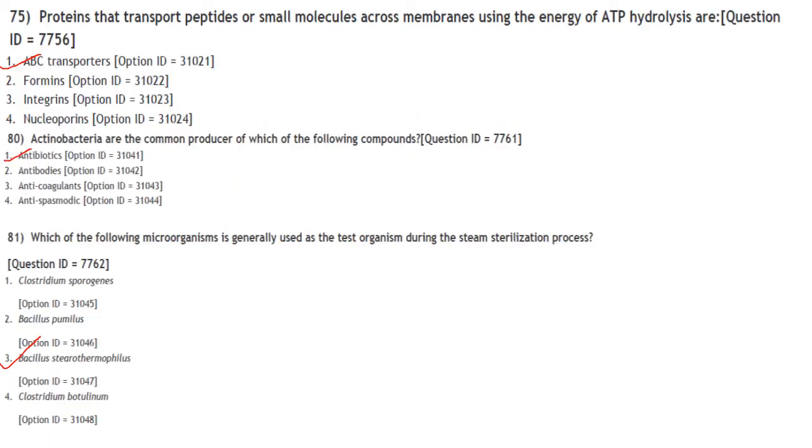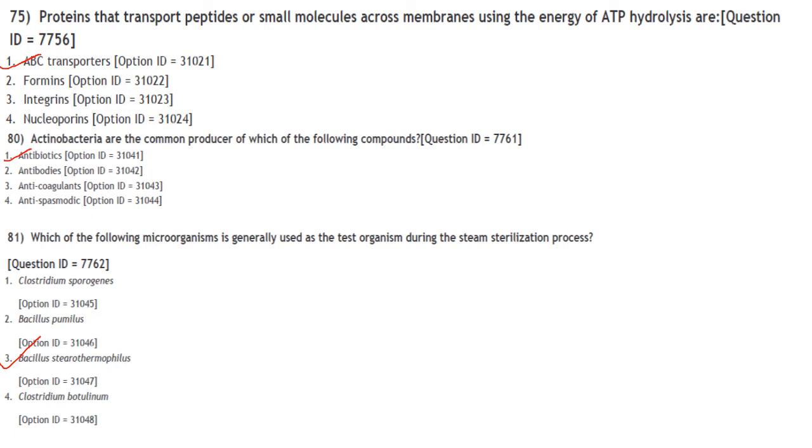Then proteins that transport peptides or small molecules across membranes using the energy of ATP hydrolysis are called ABC transporters. Answer is option 1. Actinobacteria are common producers of which of the following compounds? So it is antibiotics.